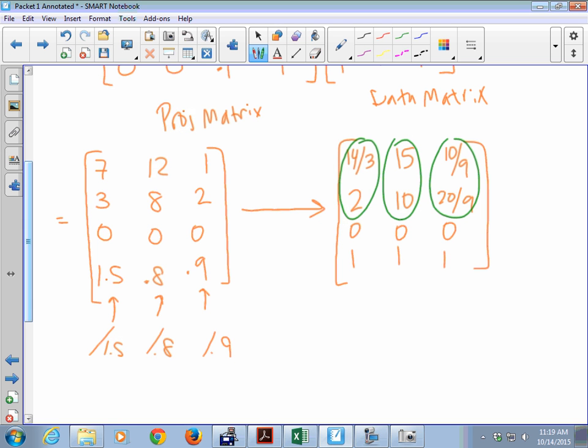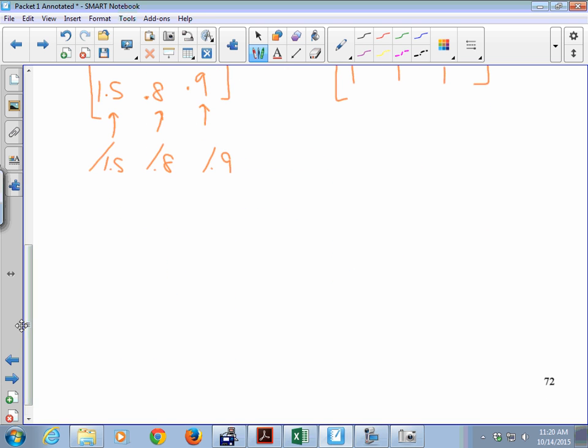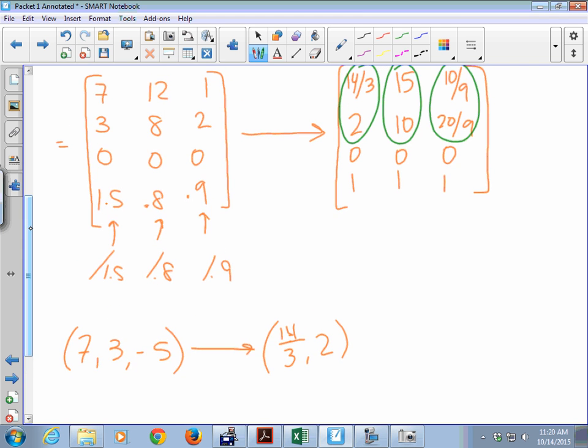So ultimately what happened is I had three-dimensional points. I had the three-dimensional point 7, 3, -5. And when I did the perspective projection, it landed at 14 thirds, 2, right? So it had coordinates in 3 dimensions. And then when I just looked for between me and the screen, I looked at the point 7, 3, -5, and the place where it lands on the screen is 14 thirds, 2. Okay.